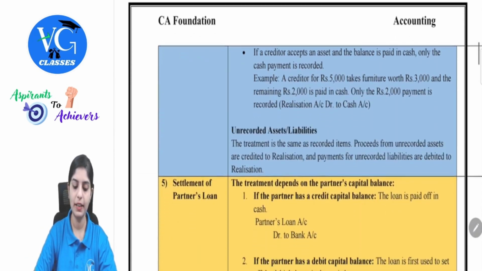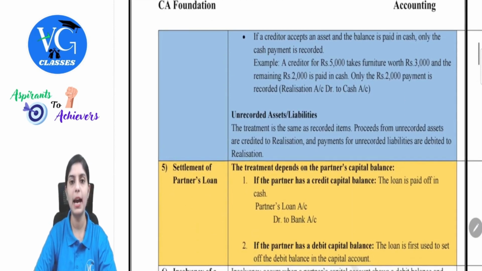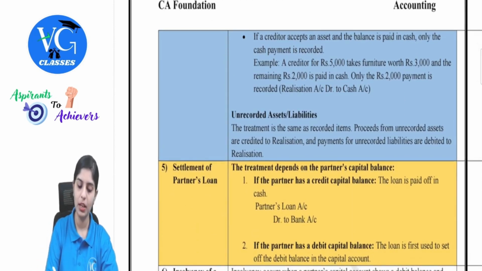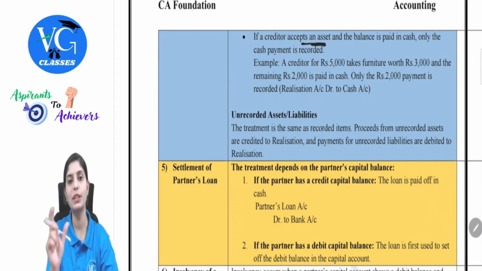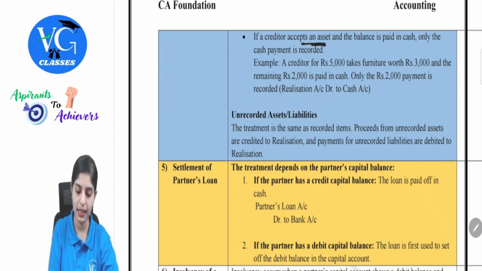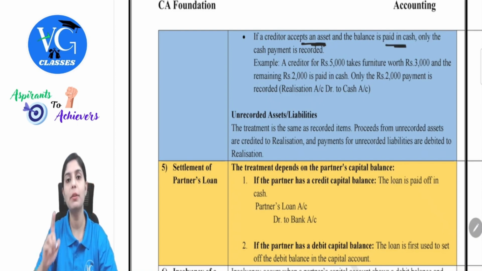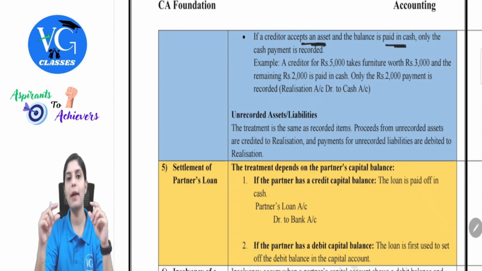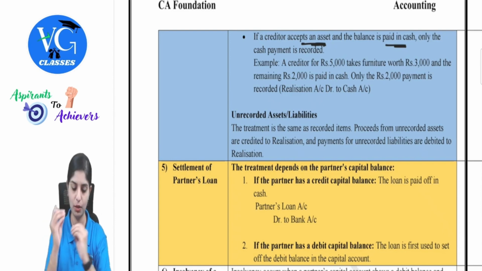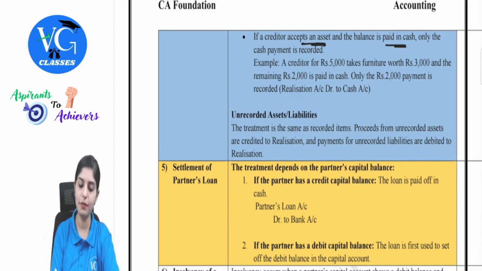Next case, if a creditor accepts an asset and the balance is paid in cash, that is, he accepts an asset and the shortfall of the difference of his due is paid in cash. Only the cash payment will be recorded because the ultimate impact will have no effect on the books of accounts. Example, a creditor for 5,000 takes furniture worth 3,000 and the remaining 2,000 is paid in cash.